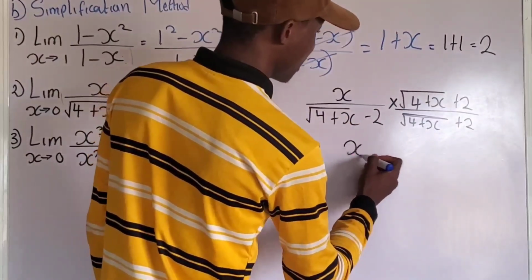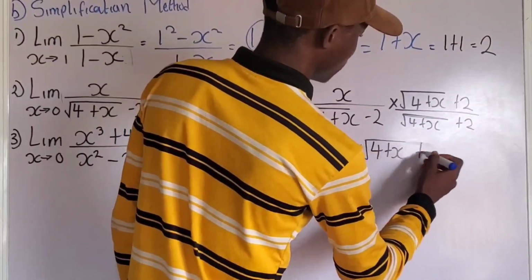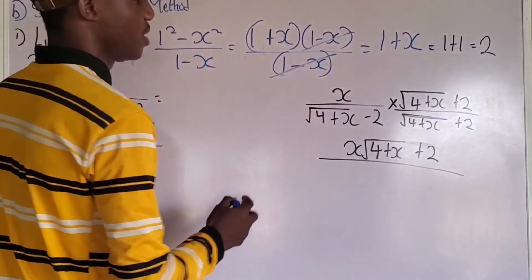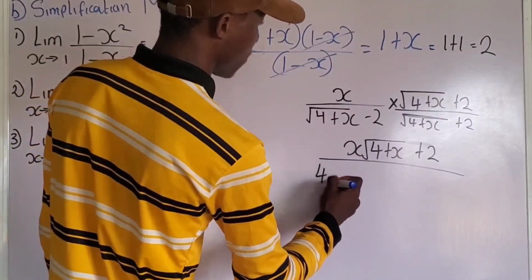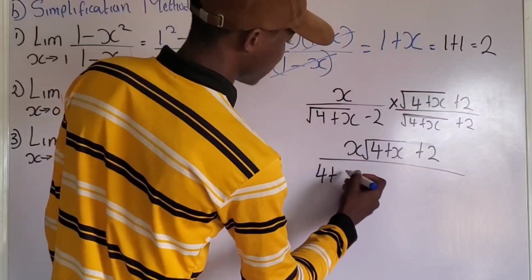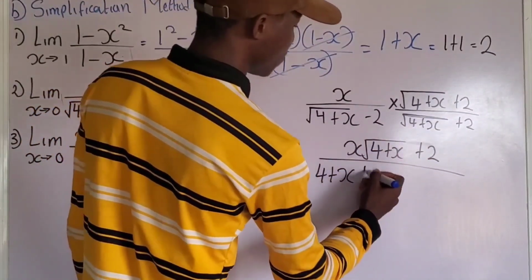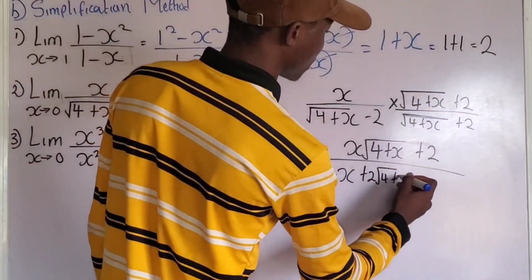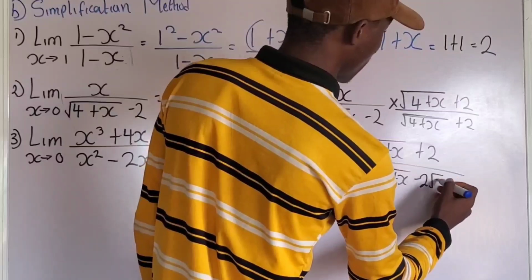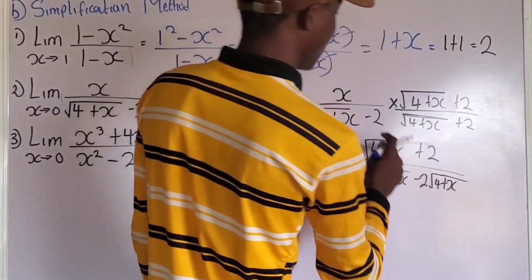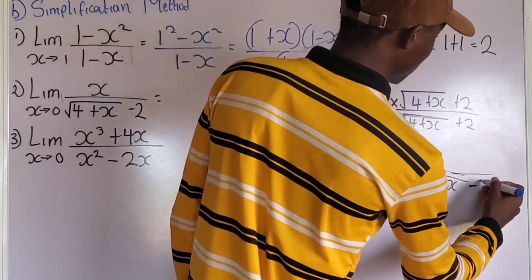For this, I'm going to have x times root 4 plus x plus 2 all over, now root 4 plus x multiplied by root 4 plus x is 4 plus x. Then plus 2 root 4 plus x, and minus 2 root 4 plus x, and minus 2 multiplied by plus 2 gives negative 4.